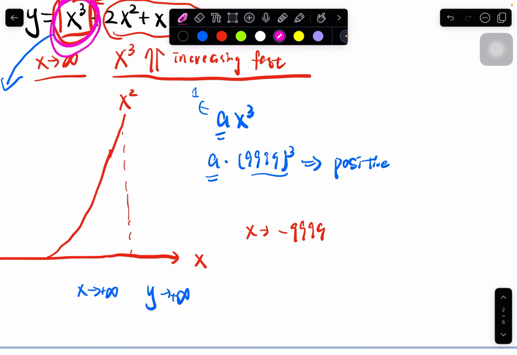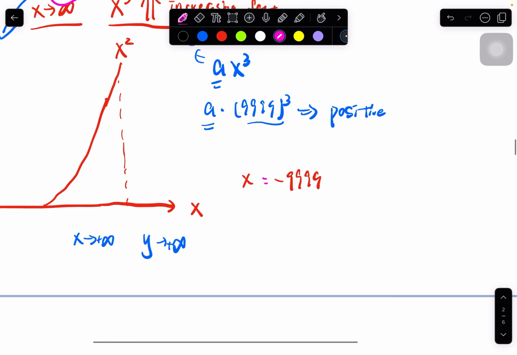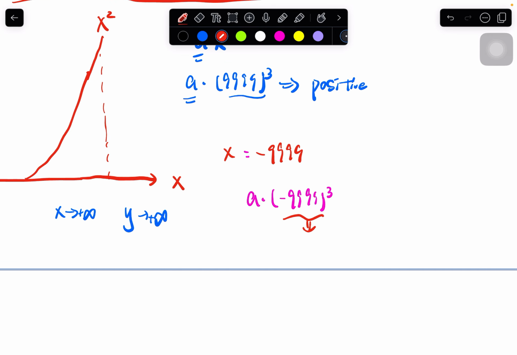So when x is a very small number, again, give you a specific number, minus 9,999, the part becomes a times minus 9,999 to the power 3. So this one is very negative, and this one is positive.